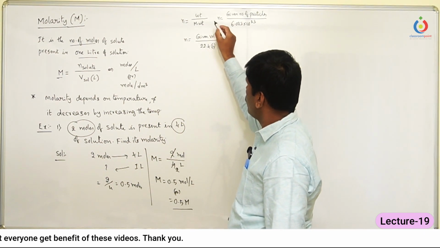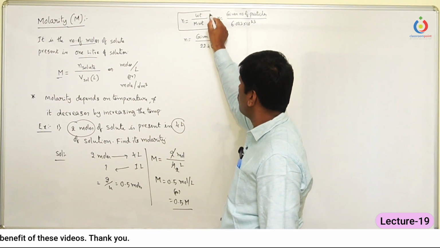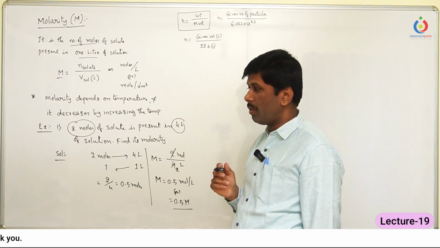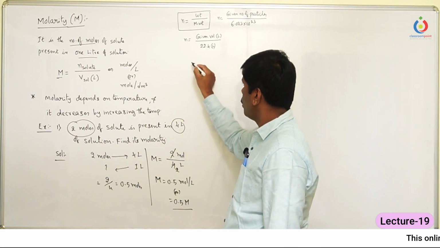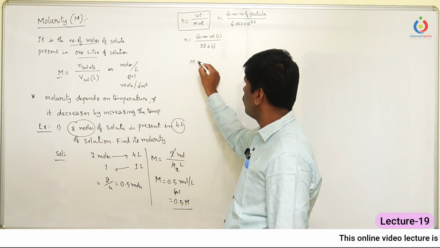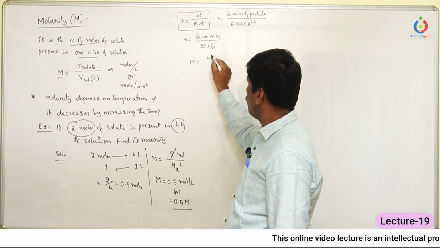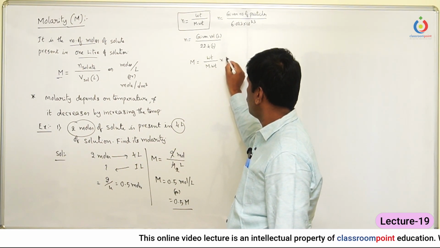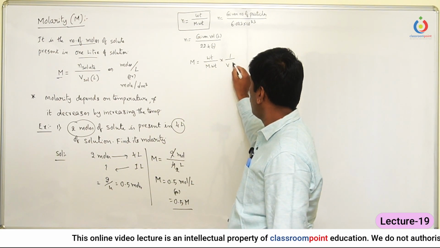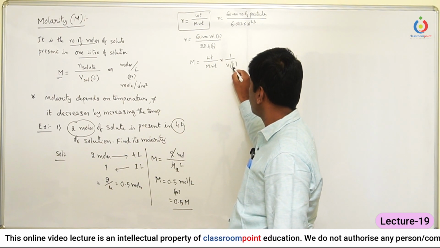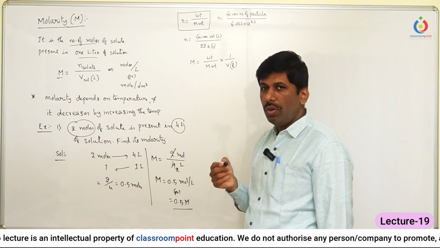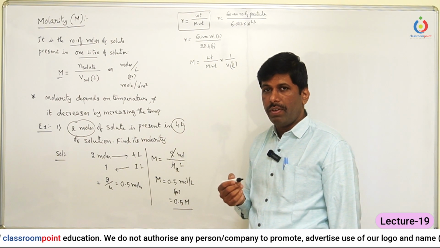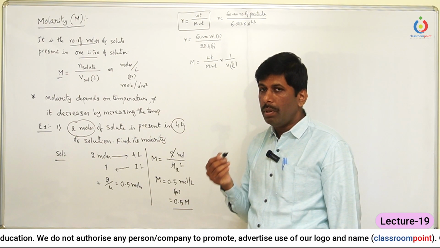So now let us use one of these formulas, that is number of moles equals weight by molecular weight, and substitute this value there. So we can convert this formula into M equals weight of solute divided by molecular weight of solute into 1 upon volume of the solution in liters. But usually in most calculations, volume of the solution is not given in liters but in milliliters.